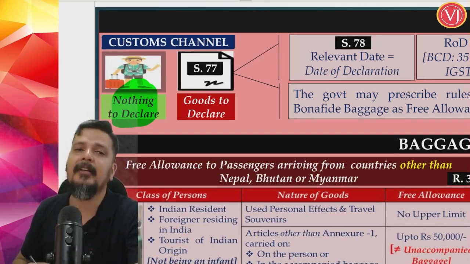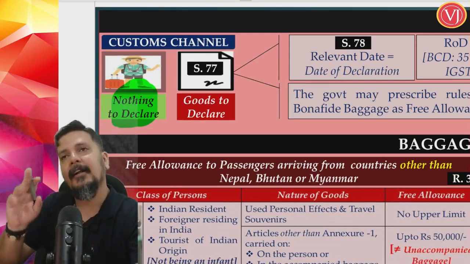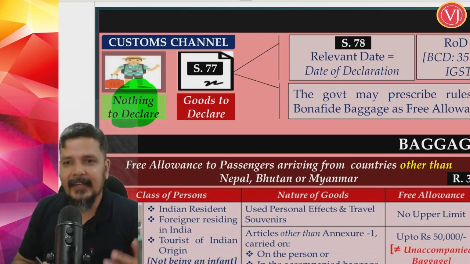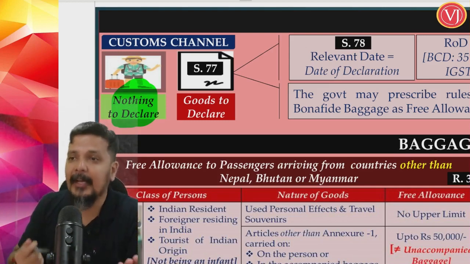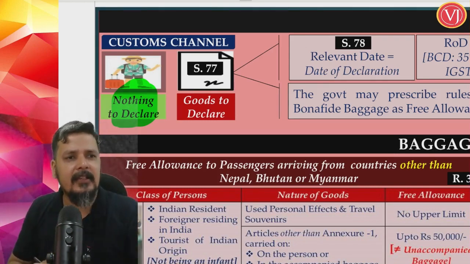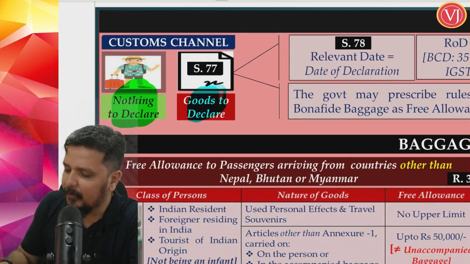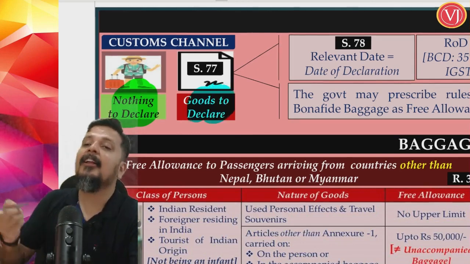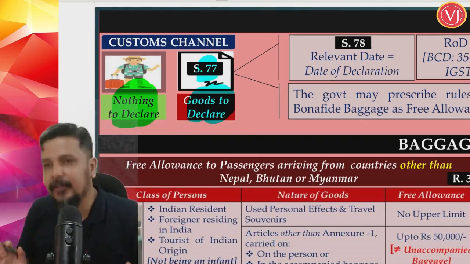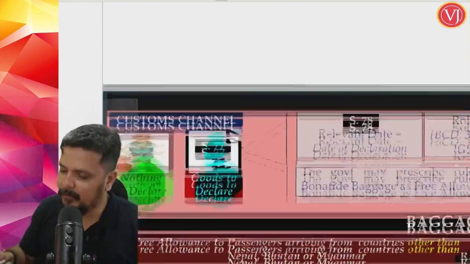Whenever you are coming from or going out on an international flight, understanding their customs law, you will be given an advisory on what is to be done and what is not to be done. So if you have nothing to declare, walk in the green channel. If you have something to declare, then you have to walk in the red channel. When you have something to declare, walking in the red channel, there you have to give a baggage declaration form.